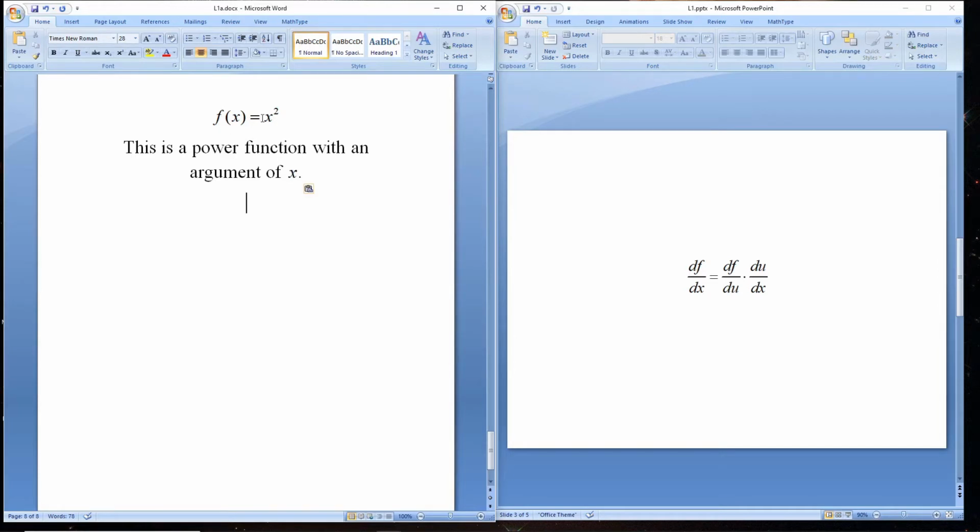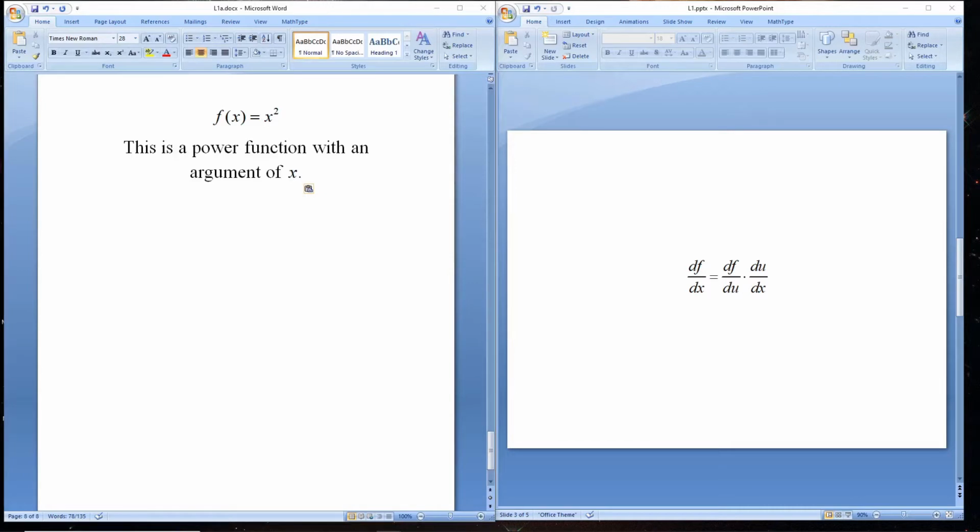This x squared is a power function, and its argument is x. The argument is what you put into the function. We're putting x into it, and so we call that the argument.